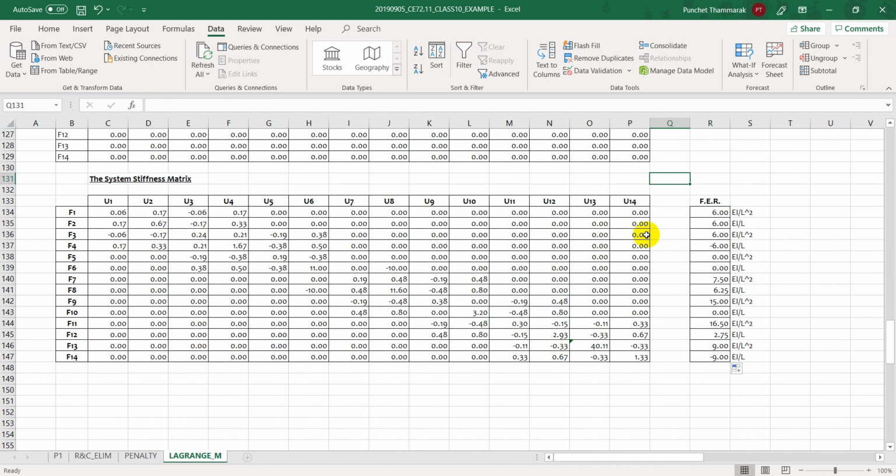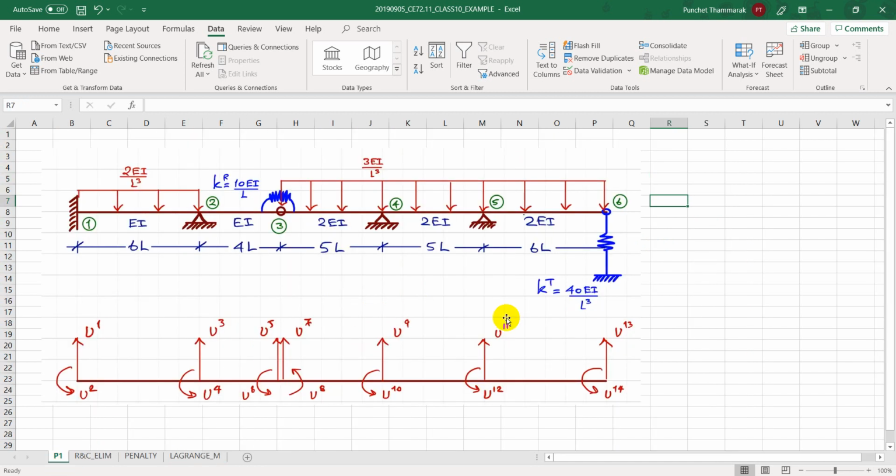Alright, now members are all in there, fixed end reactions are all in there, springs are in there already. The only thing that we don't have in the system of equation is the augmented equation. How many augmented equations are we going to have in this problem? So we take a look.